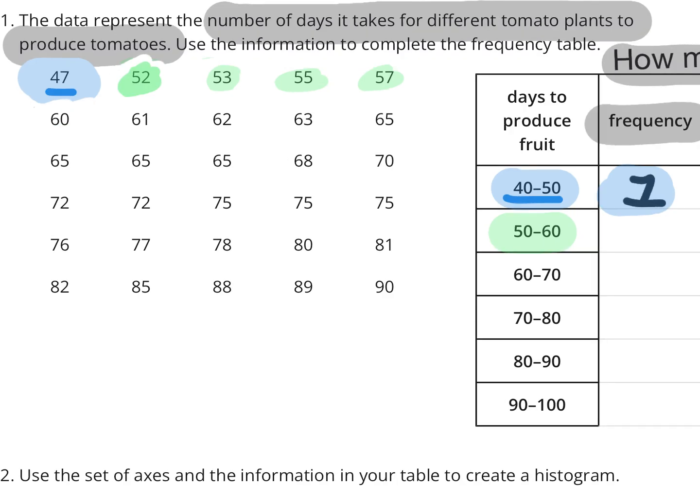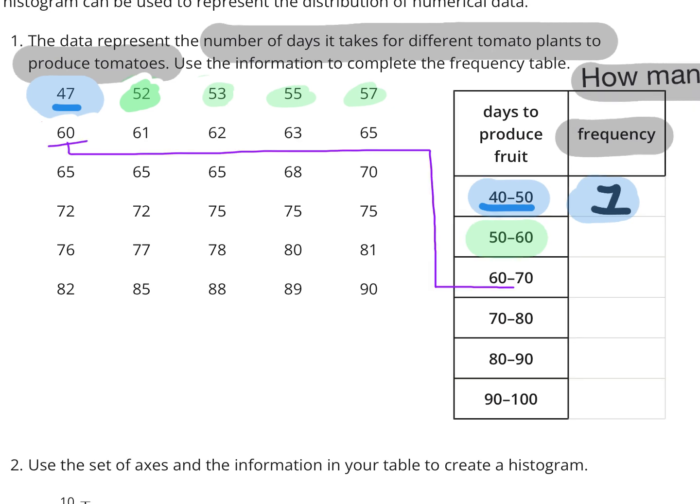The reason it's incorrect is because mathematicians basically got together and said, wait a second, what if I have the same number that's at the end of one interval, but it's at the beginning of another interval? What mathematicians decided is that if you have a number that falls at the end of one interval and at the beginning of another, we're going to put it in the one where it's at the beginning.